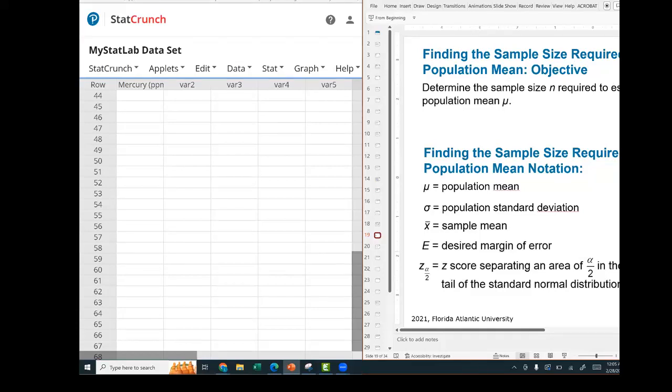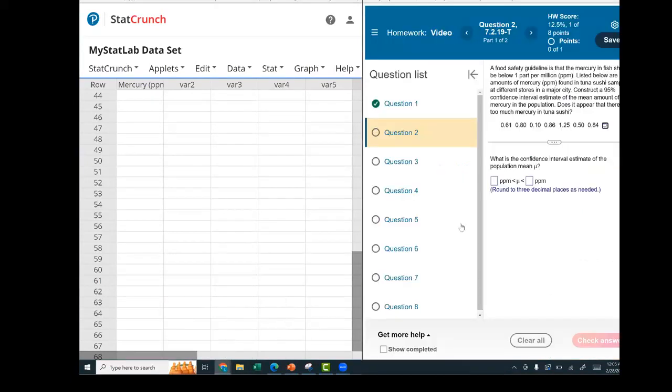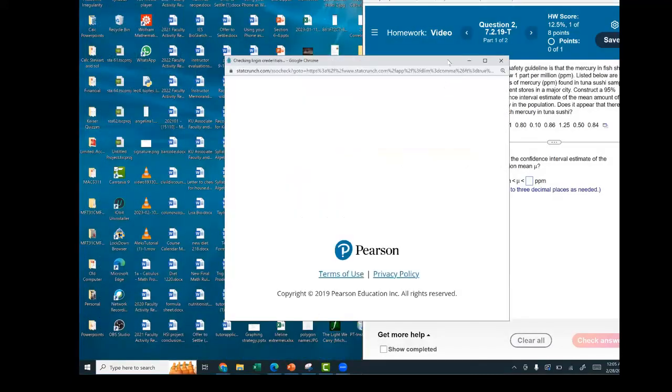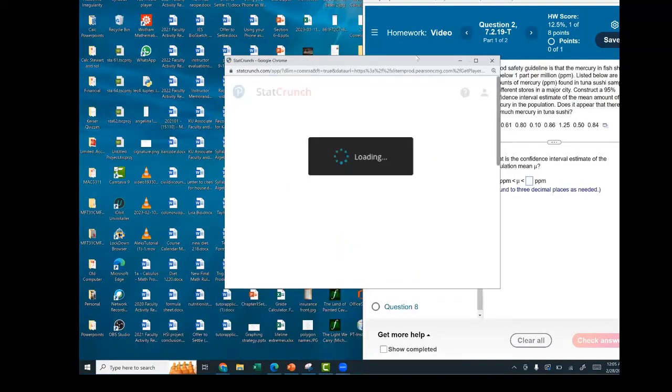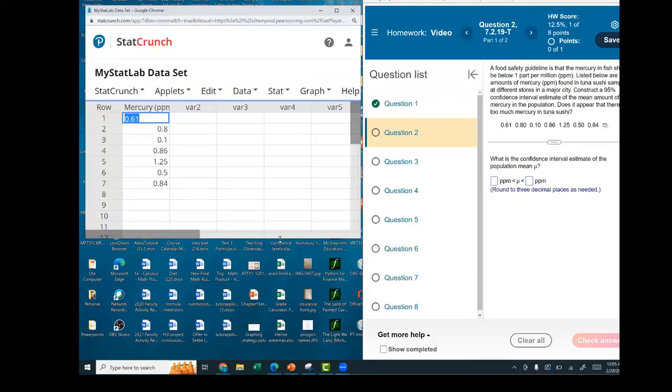We didn't do this. We were doing problems and I only did the first one. So I was just about to download the data into StatCrunch. Perfect. And now let's see what we're going to do.